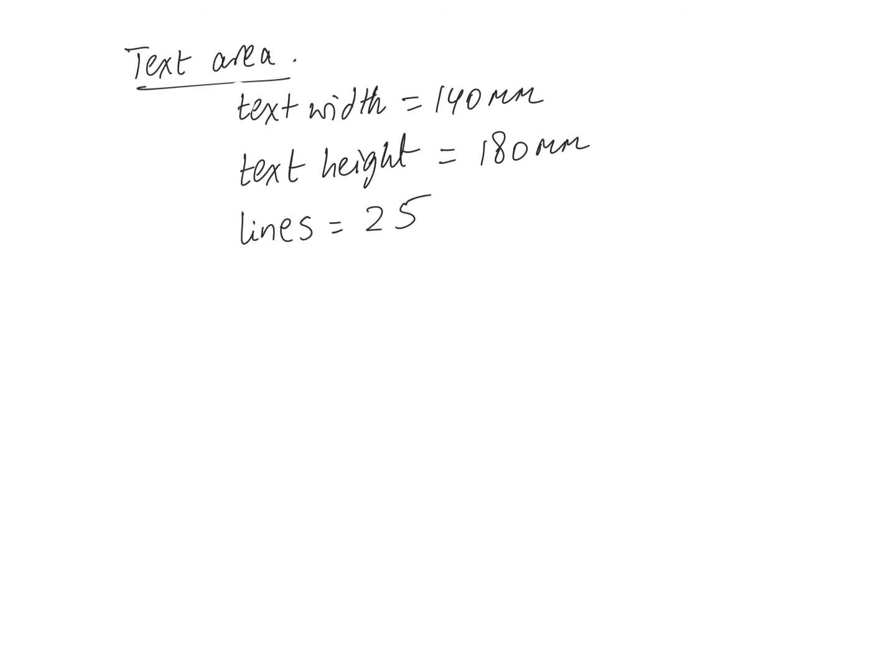Let's say 25. And include head causes the header of the page to be included into the body area. Normally that's set by default. And similarly, you can include foot. Again, it's included in the body area, but it's set false by default. But if you need it, you could put include foot and include head.